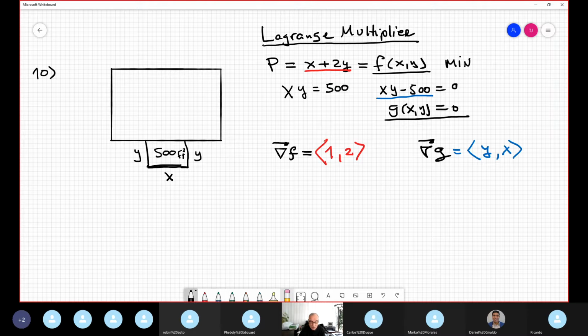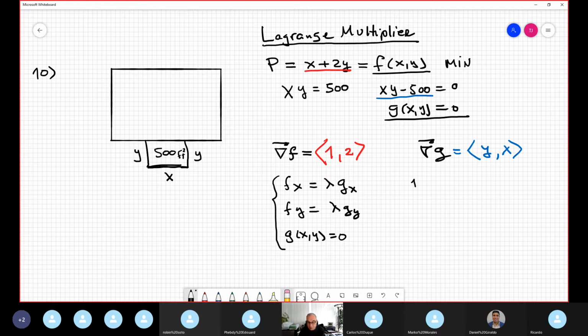Easy, easy. Now my equations are, remember, f of x equals lambda g of x, f of y equals lambda g of y, and the rest is the constraint, g of x comma y equals 0. This is the classical three equations. In our specific problem, this guy is 1, equal to lambda, which is a number, multiplied by y.